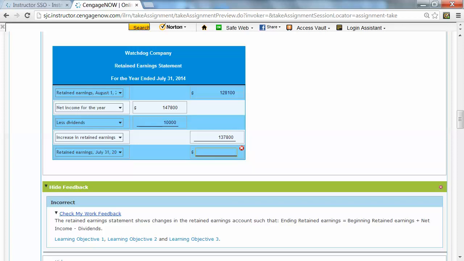2014. I'm going to add these two numbers together, and that is 128,100 plus 137,800. That equals 265,900.